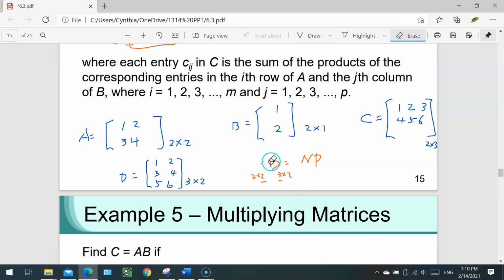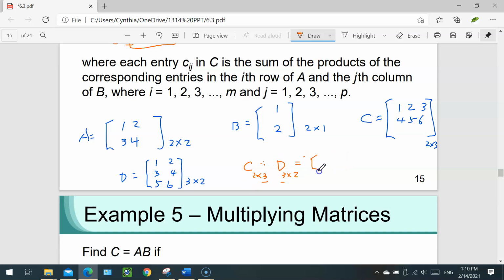Now we try another example. We do matrix C multiplied by matrix D. Matrix C has size 2 by 3. D has size 3 by 2. Now the inner two numbers are equal, so that means they can be multiplied.